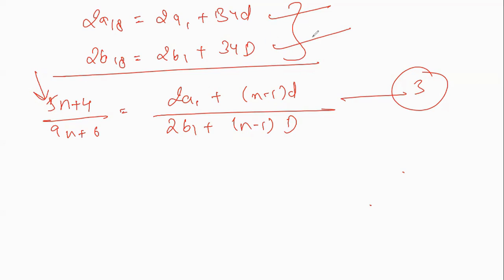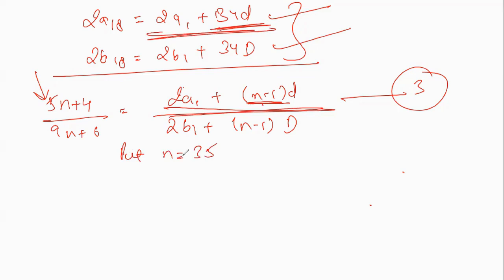If you compare these equations, I want 2a1 and 34d. So how will it become 34? When I put n as 35, this equation will become exactly the same as this. So I put n as 35 by myself so that the equations look common to each other.